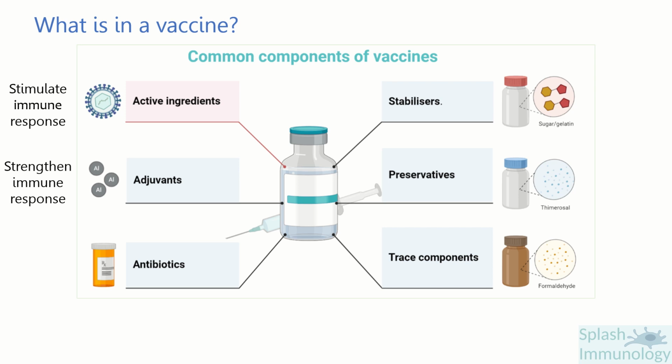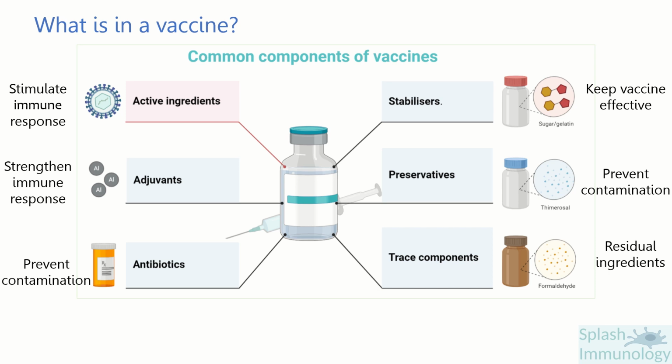Vaccines also contain antibiotics and preservatives, and these serve to prevent contamination during manufacture and storage. A vaccine also contains stabilizers, such as sugar and gelatin, and these keep the vaccine effective until it's administered to the patient. And lastly, a vaccine will also contain some trace ingredients that do not pose a safety concern.